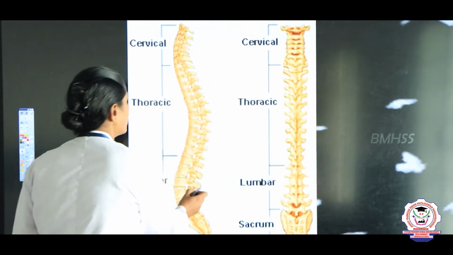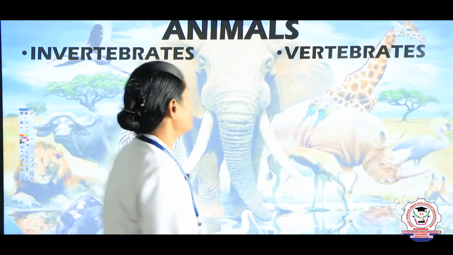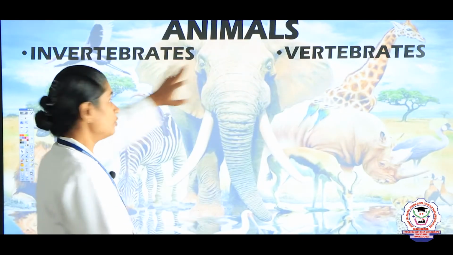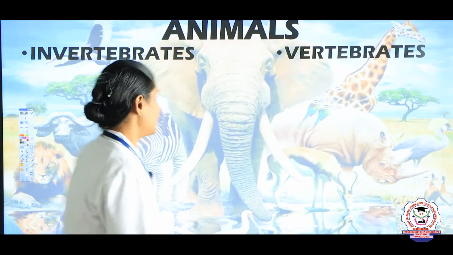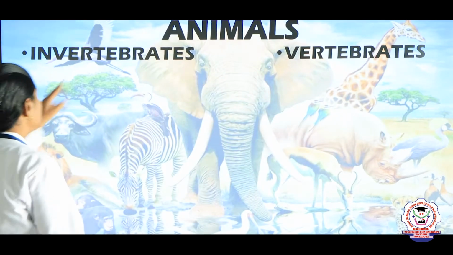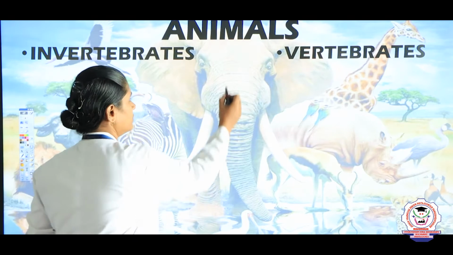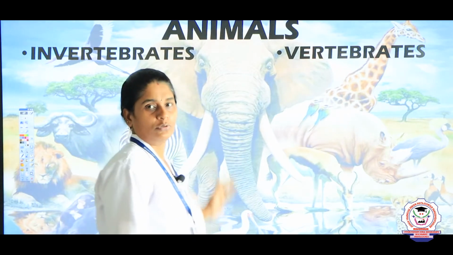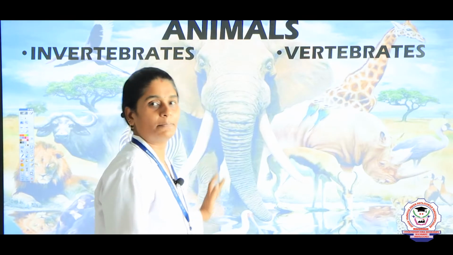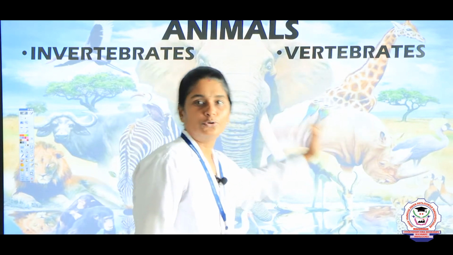Now let us see what the 2 big groups are. Animals are classified into invertebrates and vertebrates. Due to the presence and absence of the backbone, they are classified into 2 big groups.